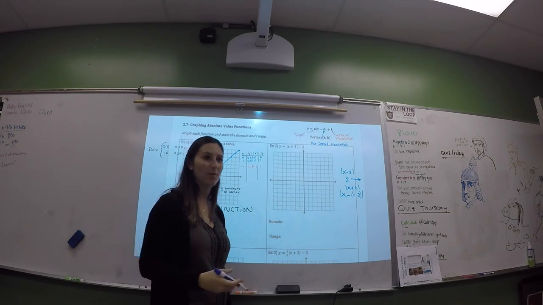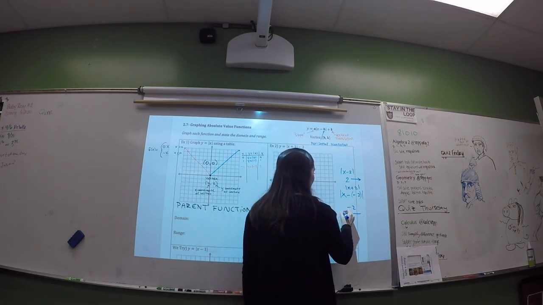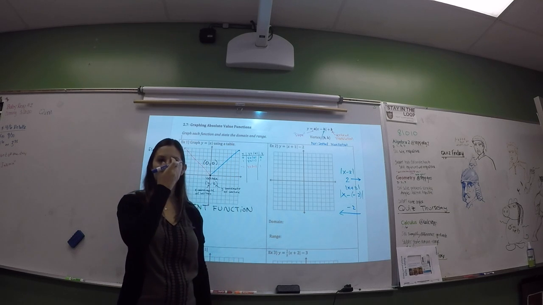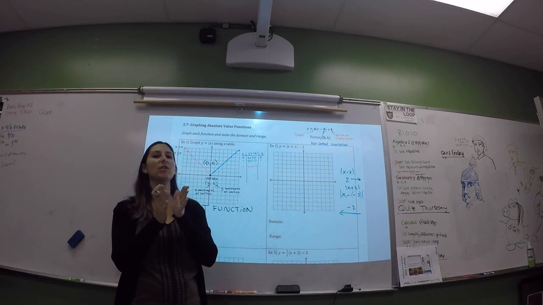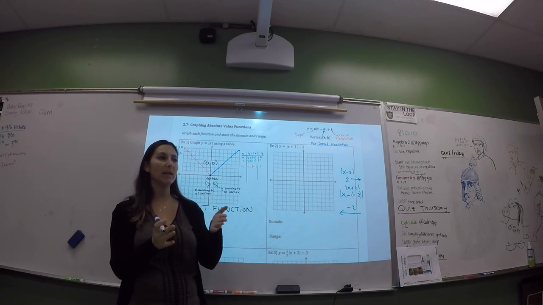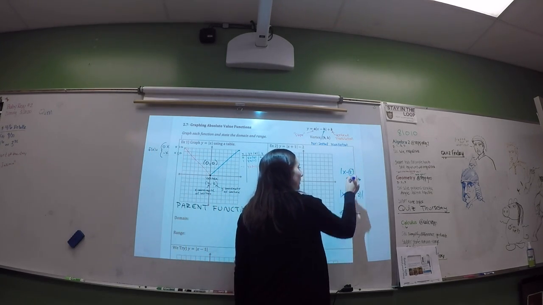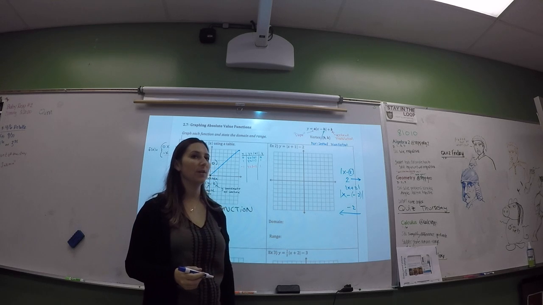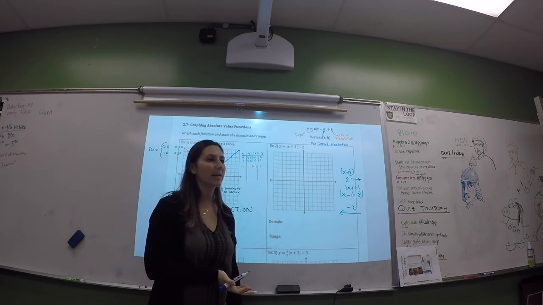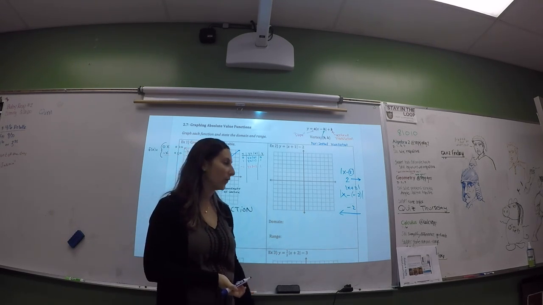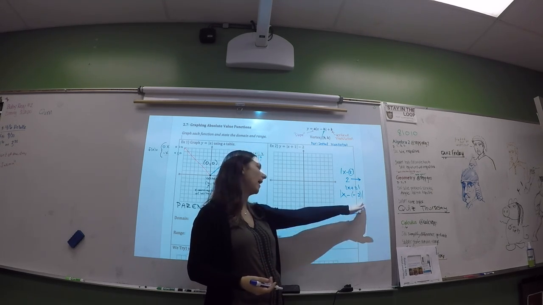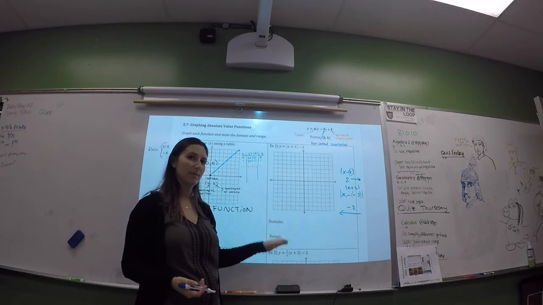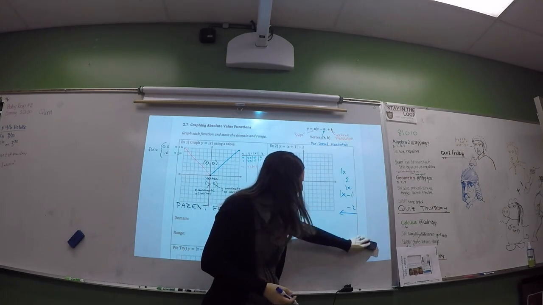H would be negative 2, meaning you'd go to the left 2. What is subtracted from x is the h. So if it says plus, what's subtracted from x is a negative 2. That moves it to the left. Okay.